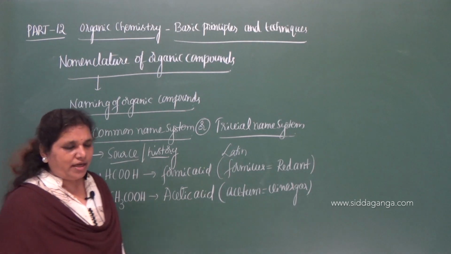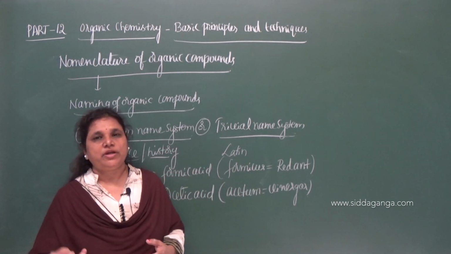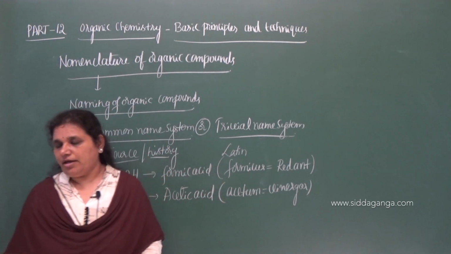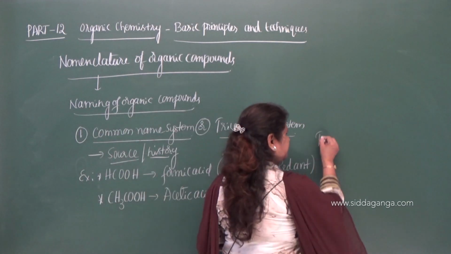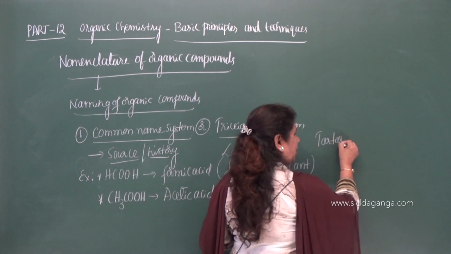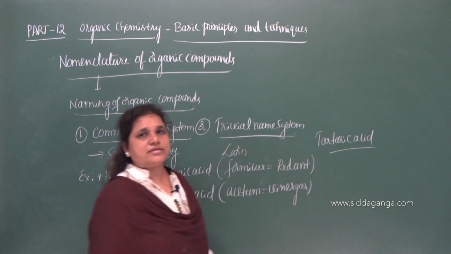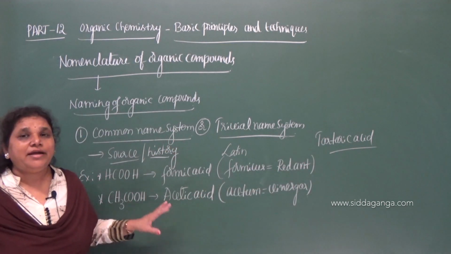Similarly, butyric acid, because it is present in butter, therefore it is butyric acid. The source for butyric acid is butter. Similarly, tartaric acid. What is the source of tartaric acid? Tamarind.